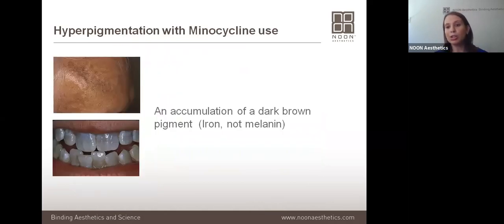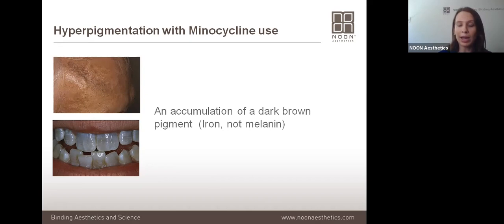This is also a very interesting phenomenon of hyperpigmentation while or after using minocycline, which is a type of antibiotic. So if you meet a client with a hyperpigmentation like in the top picture, maybe you'll think that it's a regular hyperpigmentation and you can treat it.